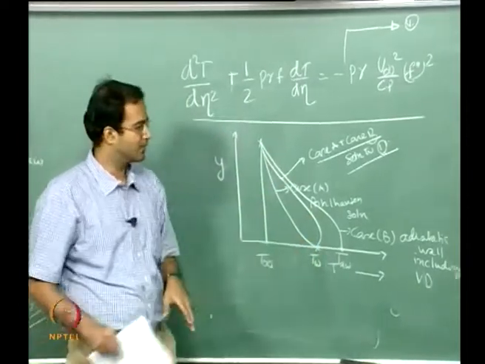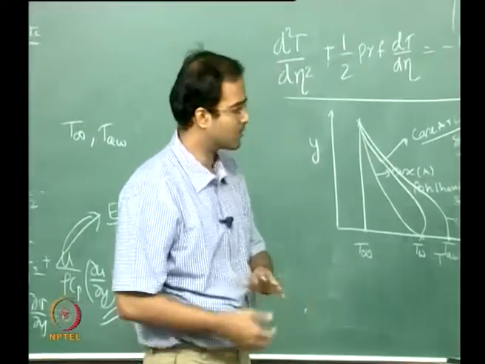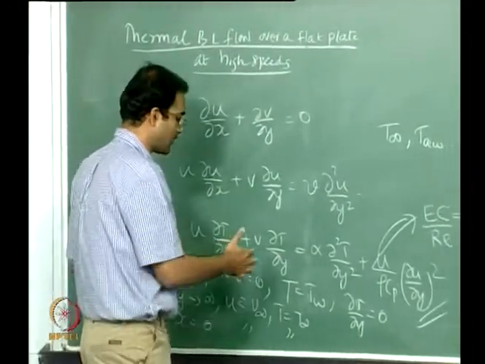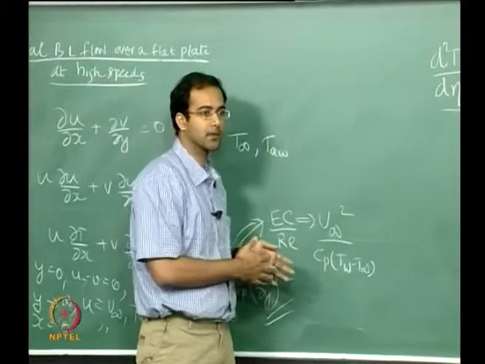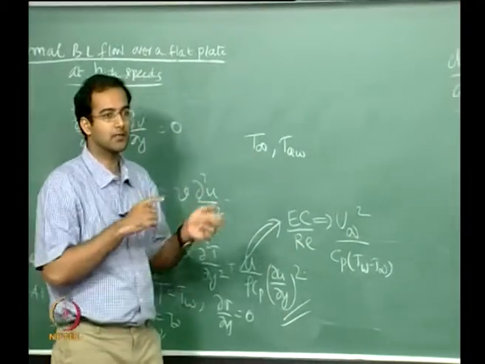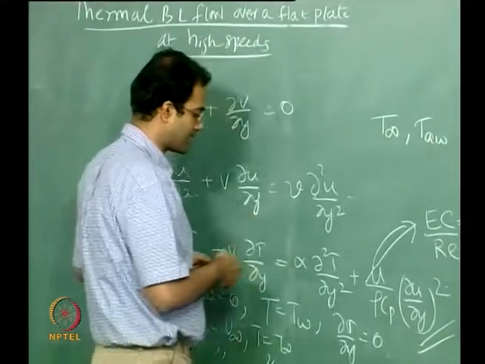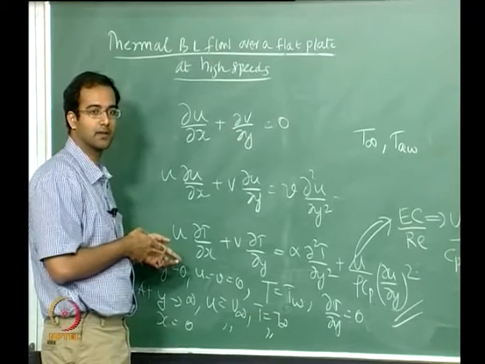As I said, that is the clue to solving this problem, which we will do tomorrow. We will split the solution into two parts. Case A will be the Pohlhausen, which we already did. Case B will be the adiabatic case with the viscous dissipation, which we will do, and for each of these there is a way to non-dimensionalize theta. In this case we non-dimensionalize with T infinity: T minus T infinity by T wall minus T infinity.